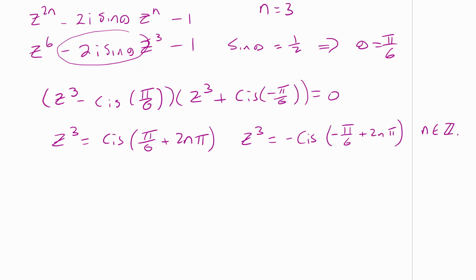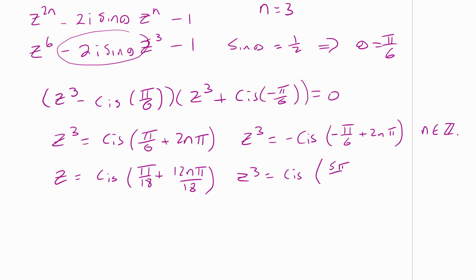Okay, so z is going to be cis pi by 18 plus 2n pi by 3, which is 12n pi by 18, or the z cubed is equal to cis 5 pi by 6 plus 2n pi.